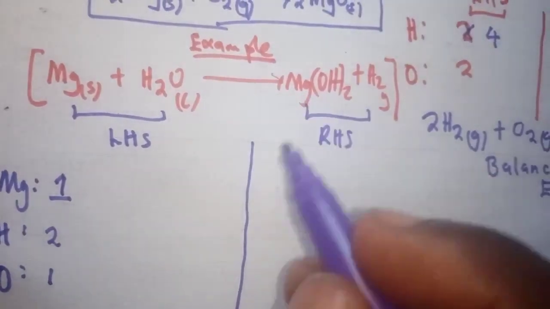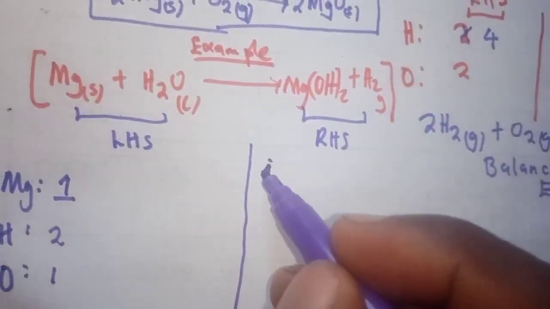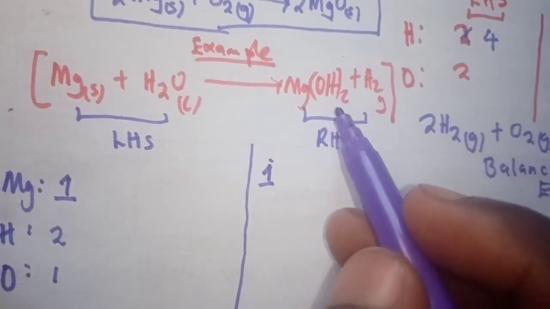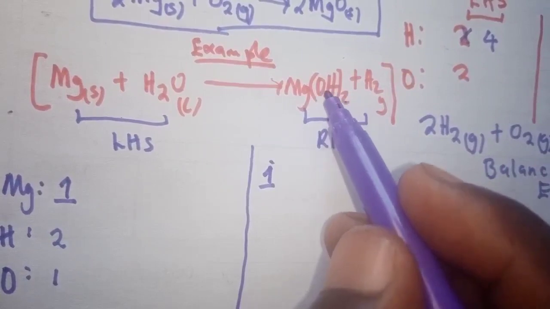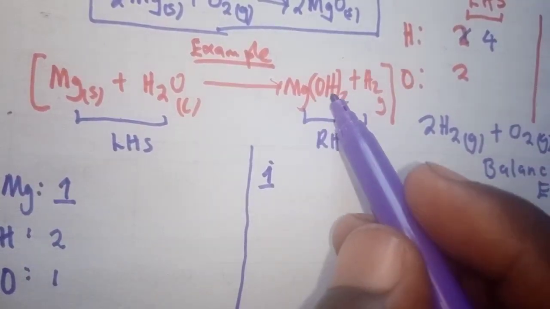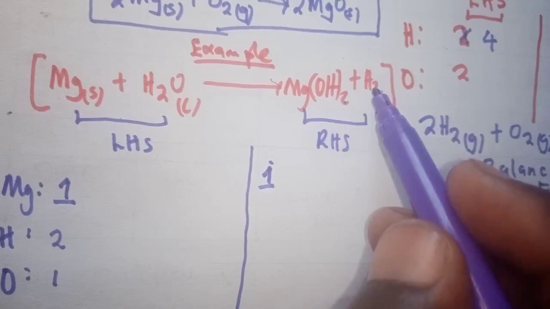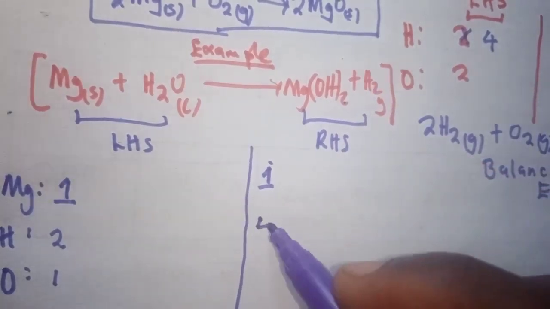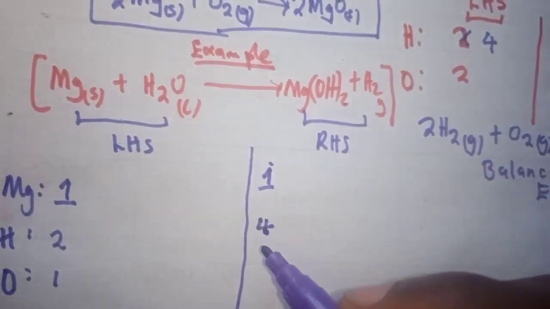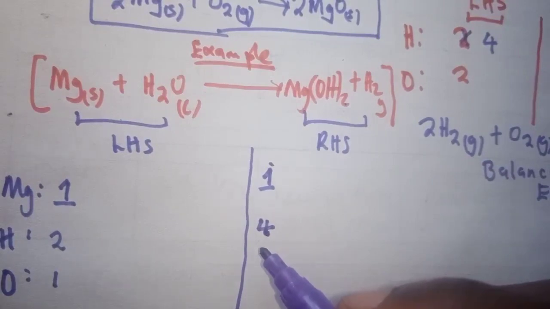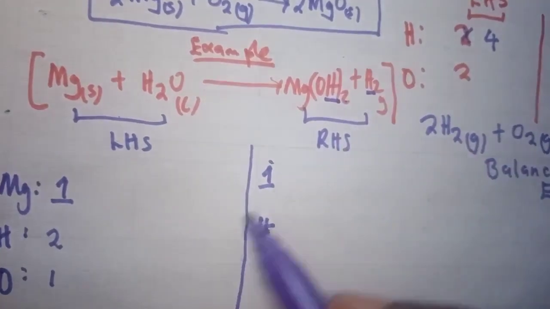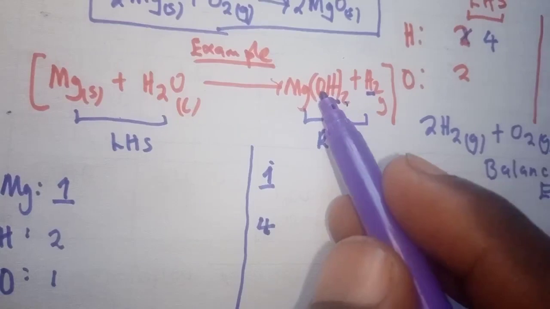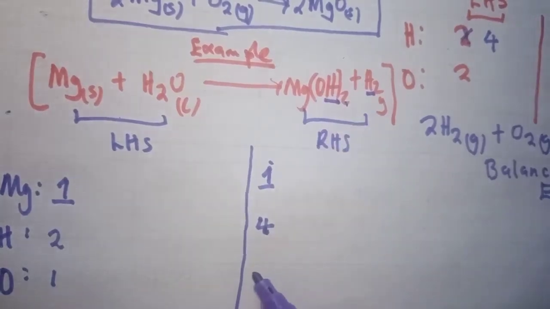This side, magnesium 1. Hydrogen, because this 2 multiplies everything in the brackets, so this hydrogen is 2 plus hydrogen 2, so you have 4. Oxygen, this 2 also multiplies oxygen, so oxygen 2.